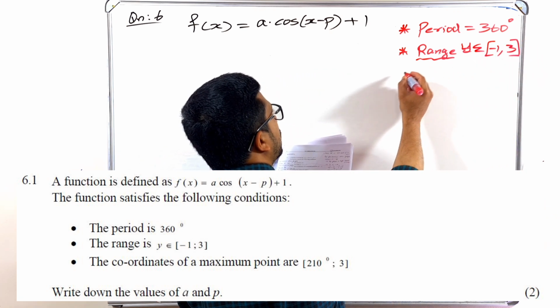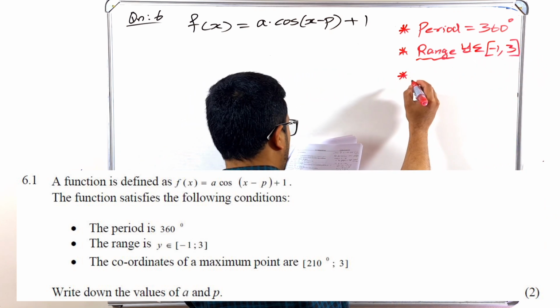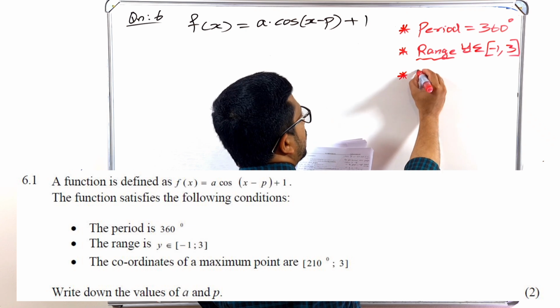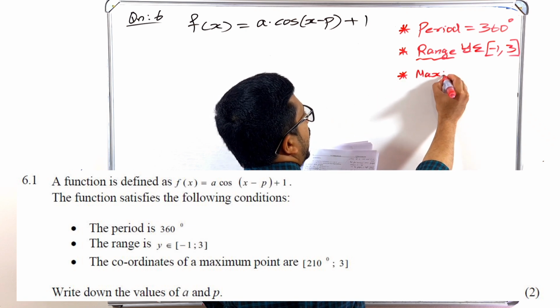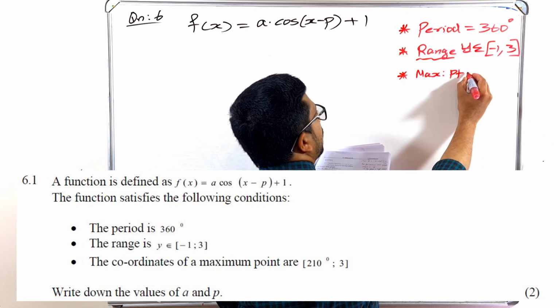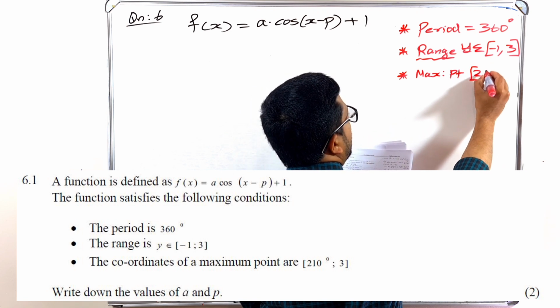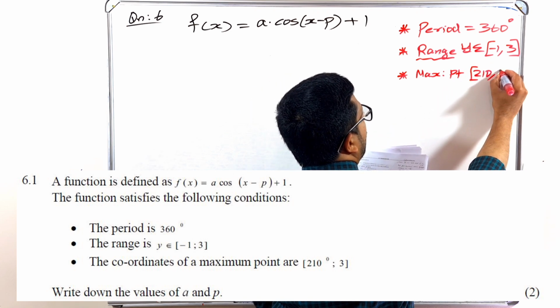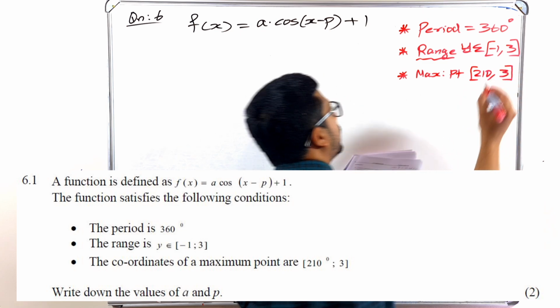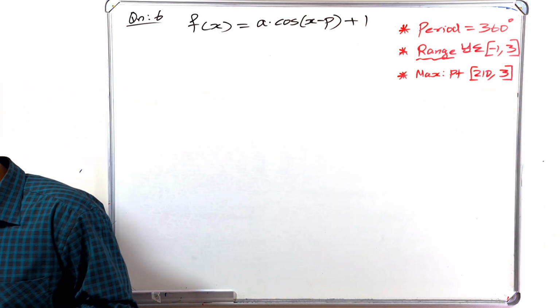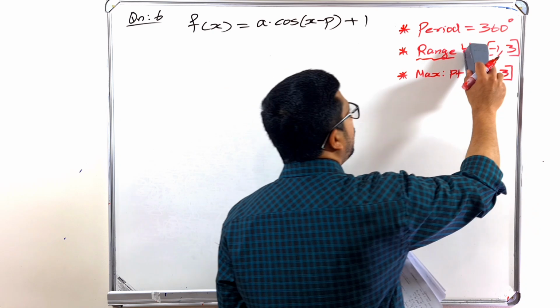And what is the third condition? The maximum point is 210, 3. So these are the conditions given.